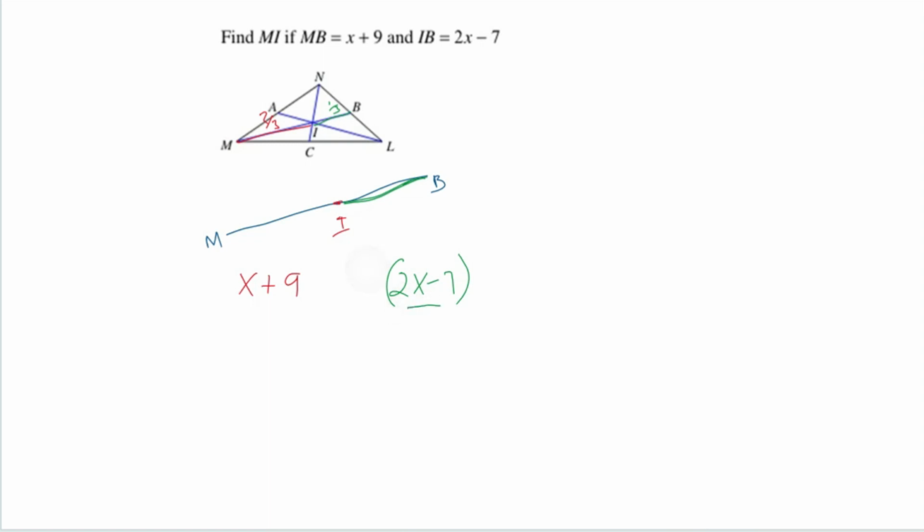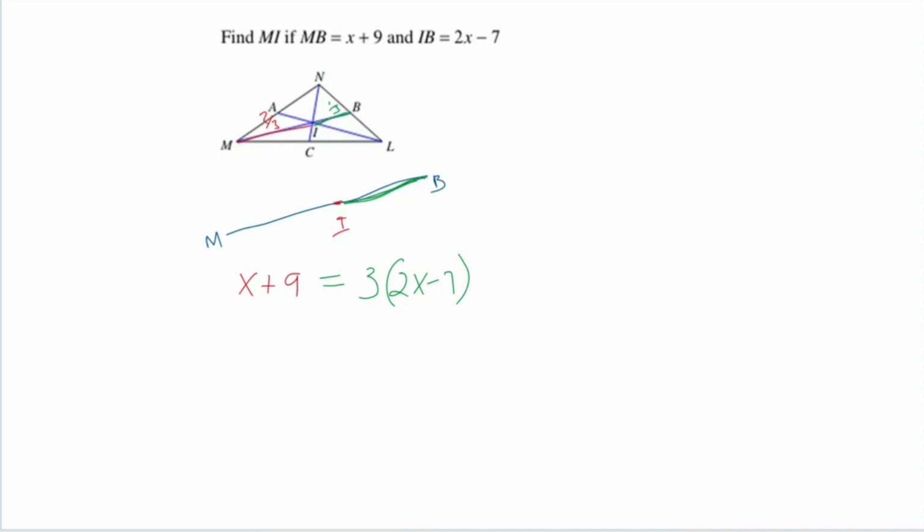So for it to be the whole line segment, we have to multiply it by 3. This would be our equation: the whole line segment x plus 9 is equal to 3 times 2x minus 7.